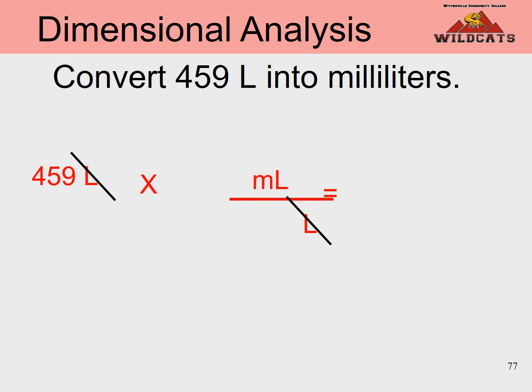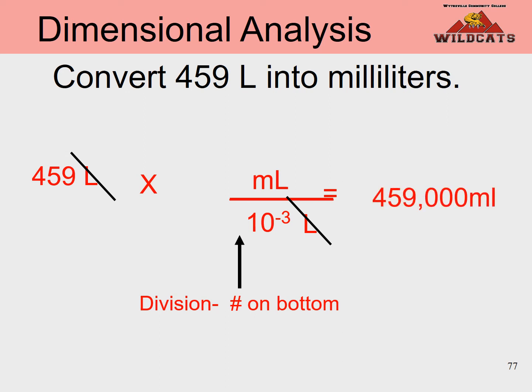And my conversion factor is there are 10 to the minus 3 liters in a milliliter. So I'm going to take 459 divided by 10 to the minus 3, which is in the bottom, and I should end up with 459,000 milliliters. Please go back and make sure you can do this on your own calculator. If not, please ask.